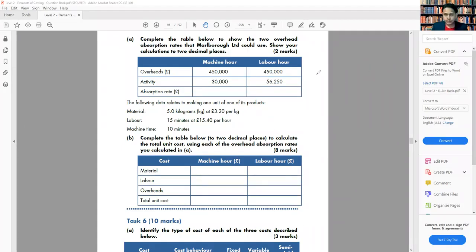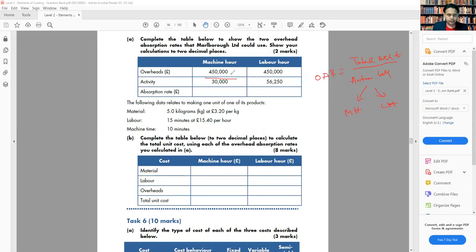So absorption rate is called OAR, overhead absorption rate, and the formula is total overhead on the top, the cost, and the bottom is the activity level. Now the activity can be machine hour, can be labor hour. The question will tell us. The first one is machine hour, so overhead divided by activity.